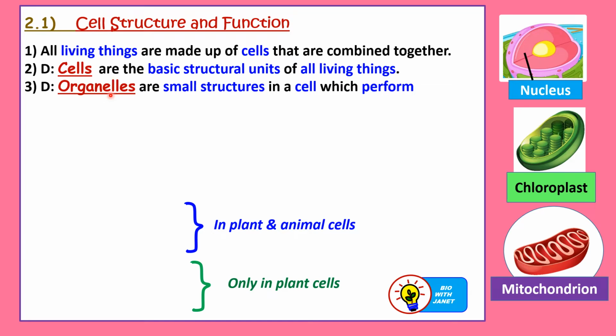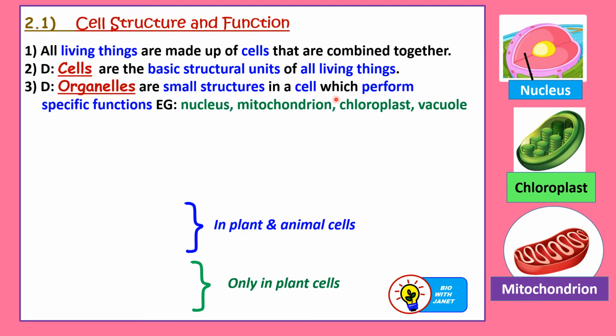So organelles are the tiny, small structures in a cell which perform specific functions, such as the nucleus, mitochondrion, chloroplast, vacuole, and so forth, which we will study later. Now here you can see a nucleus, which has a spherical or round shape. That's the control center of the cell.